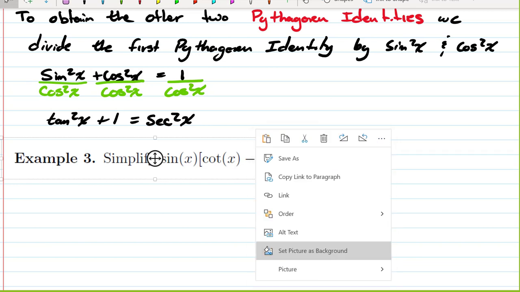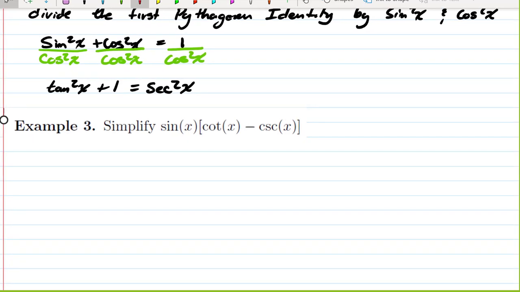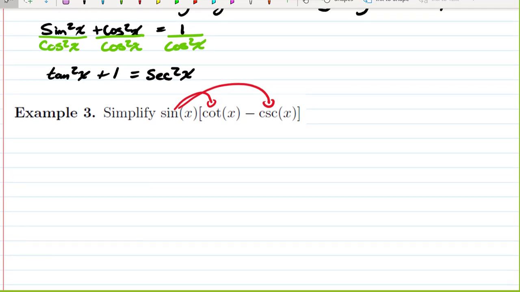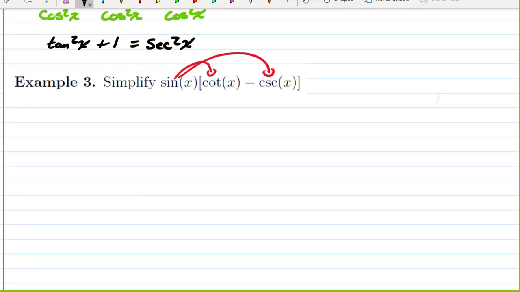So we have sine x times cotangent x minus cosecant x. So let's go ahead and distribute the sine x into our parentheses. So when I do so, I get the following.